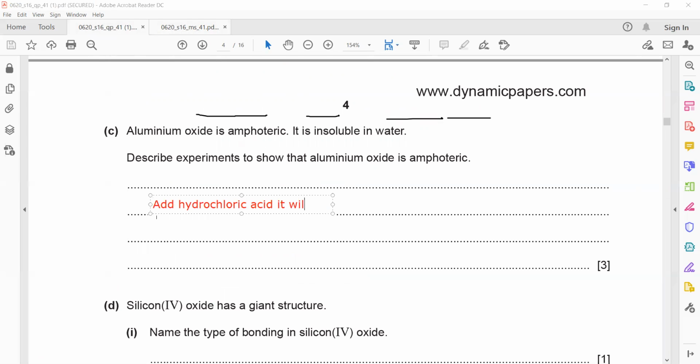It will react with aluminum oxide. It will react or neutralize and dissolve.